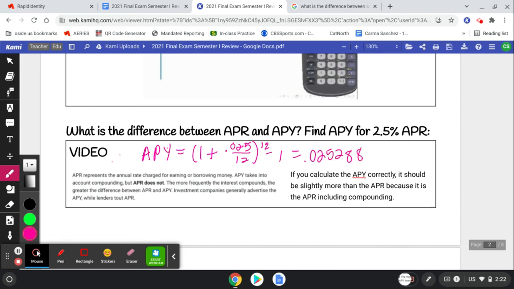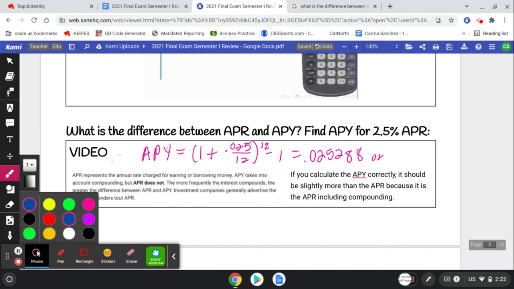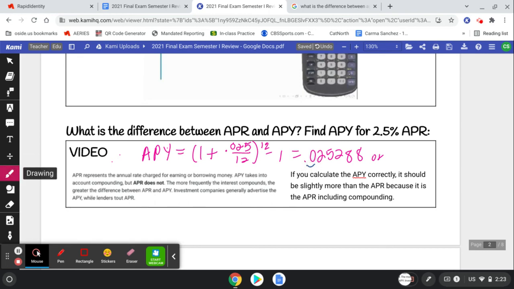And so what this tells me is that I could say that if I move the decimal now twice to convert back to a percent, it tells me my APY is 2.53 rounded.